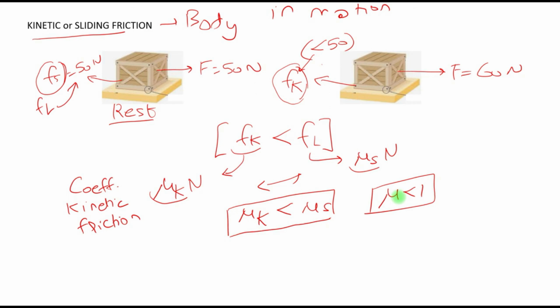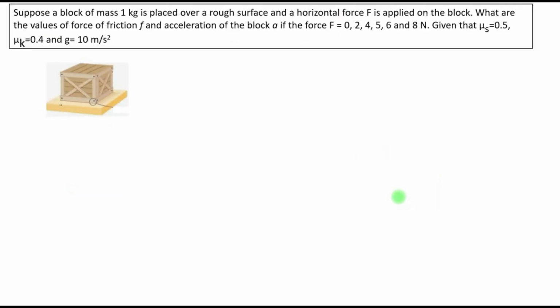Okay, so now we'll do a question to better understand this principle of kinetic and static friction. So please read through this question first and then I'll explain. Let me read this out. You have a block of mass 1 kg placed over a rough surface and a horizontal force F is applied on the block.